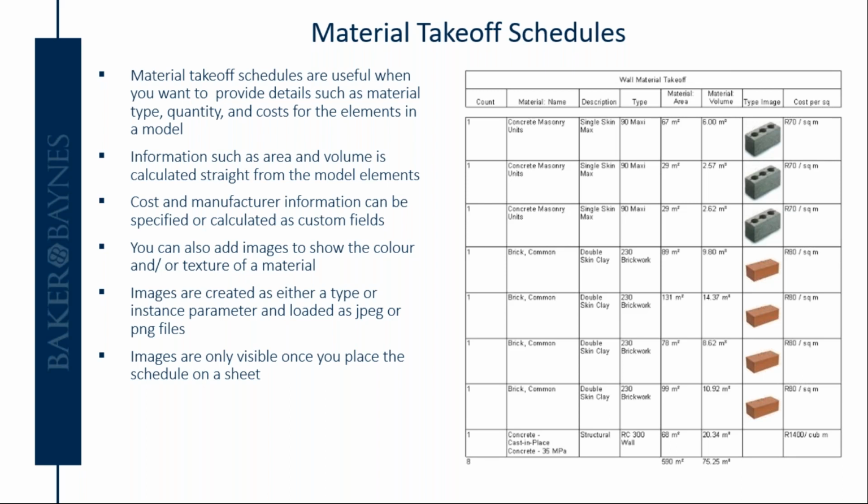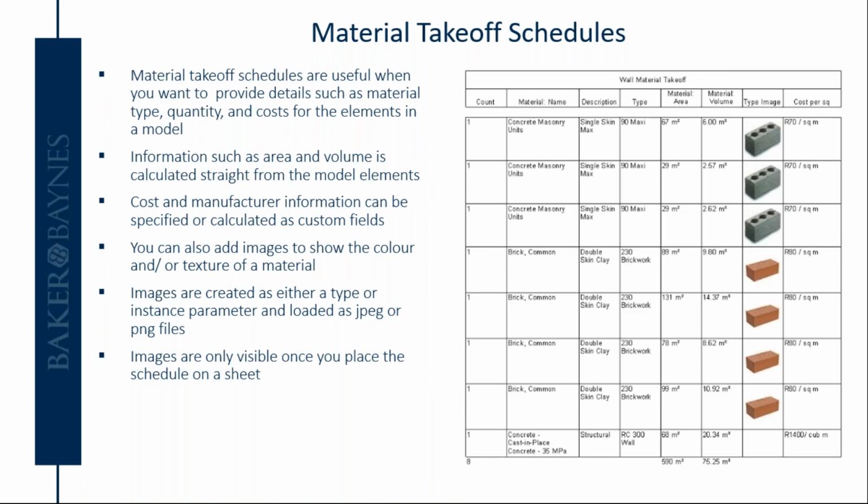Information such as the area and the volume is calculated straight from the model itself, and you can then present it in your schedule and create one or two custom calculated fields to show the cost per square, total cost, or anything else that might be relevant. You can also specify manufacturer information. And here you can see also that images have been added. I'll show you how to do that in a bit.